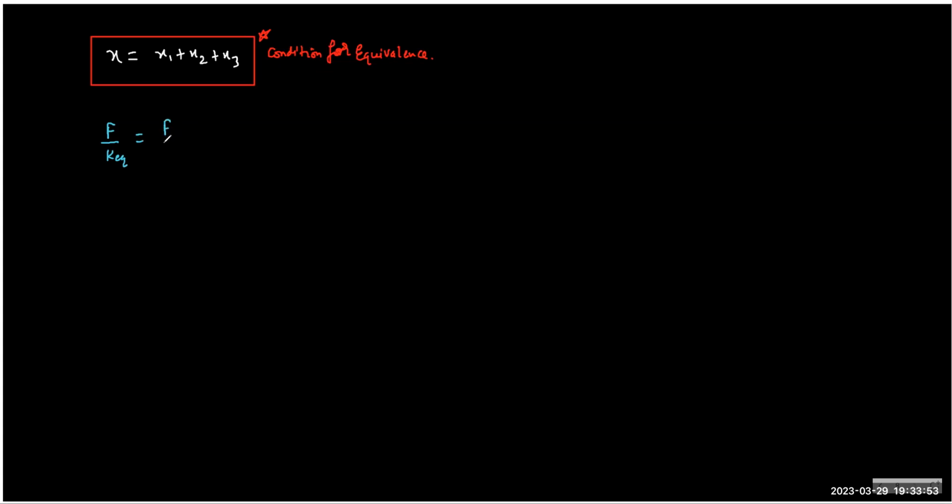F by K1. And you can see the F gets cancelled. So what you are getting? 1 by K equivalent is the summation of 1 by K, for any number of springs. I hope you remember and understand how things are derived.